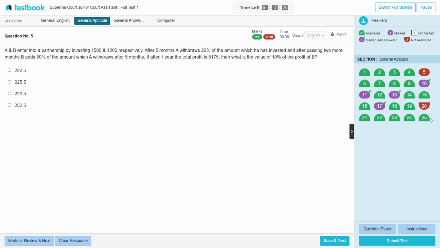So after 5 months, A withdraws 20% of the amount which he has invested. 20% मतलब 300 रुपये. 300, 1200 में 7. After passing 2 more months, B adds 50% of the amount which A withdrew. 50% मतलब 150 रुपये. तो 1350, कितने महीने बाद, आफ्टर पासिंग 2 more months.